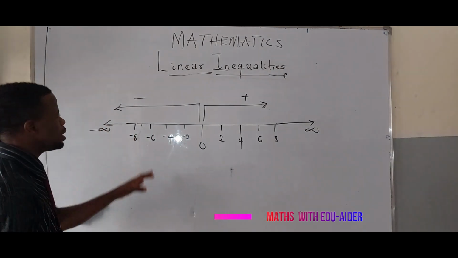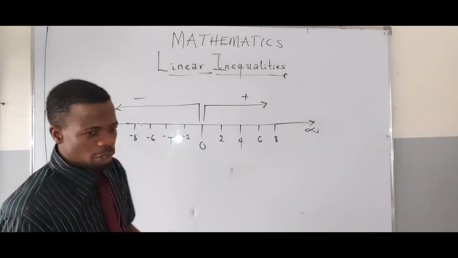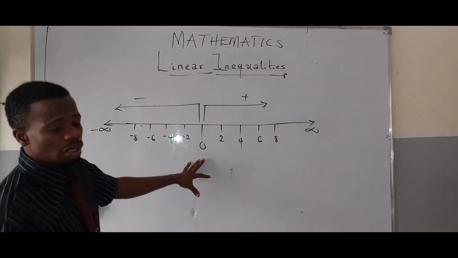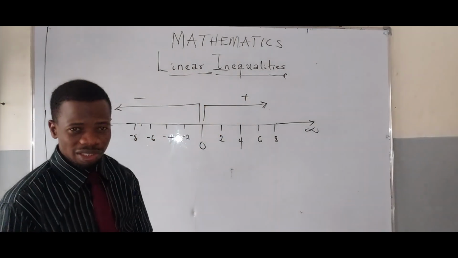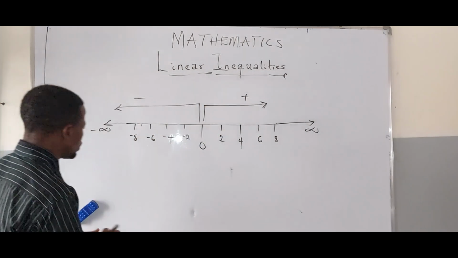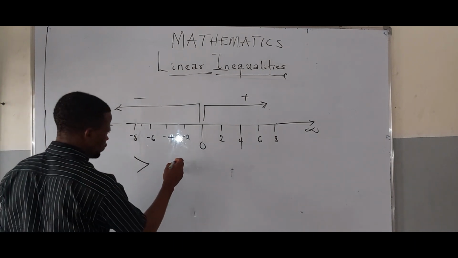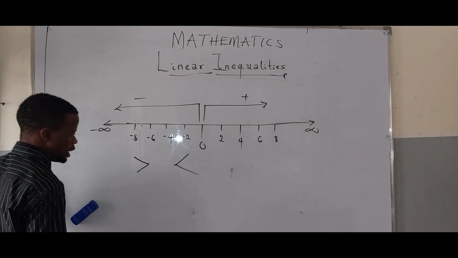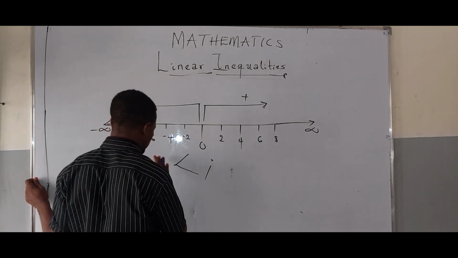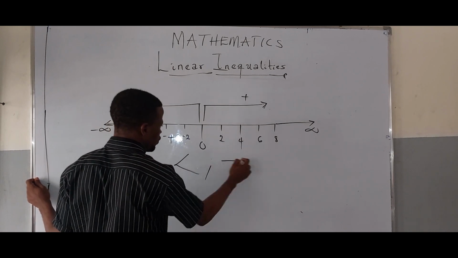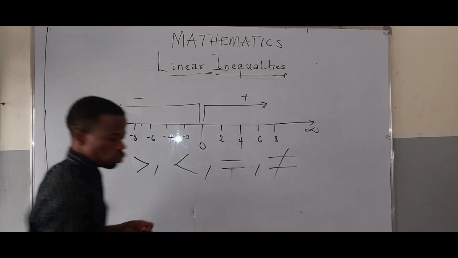So if you have numbers like this, with the aid of the inequality and the number line, you should be able to apply inequality symbols. Our inequality symbols: we have greater than, we have less than, we have the equality sign, and we have not equal to.